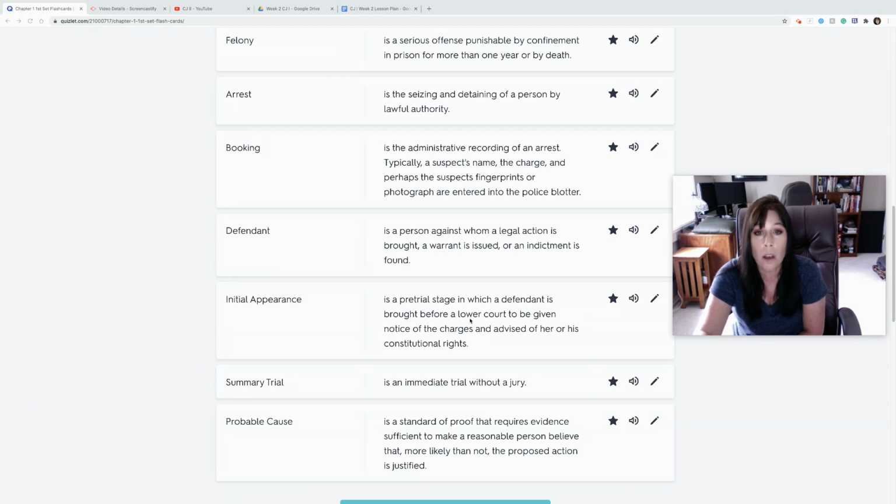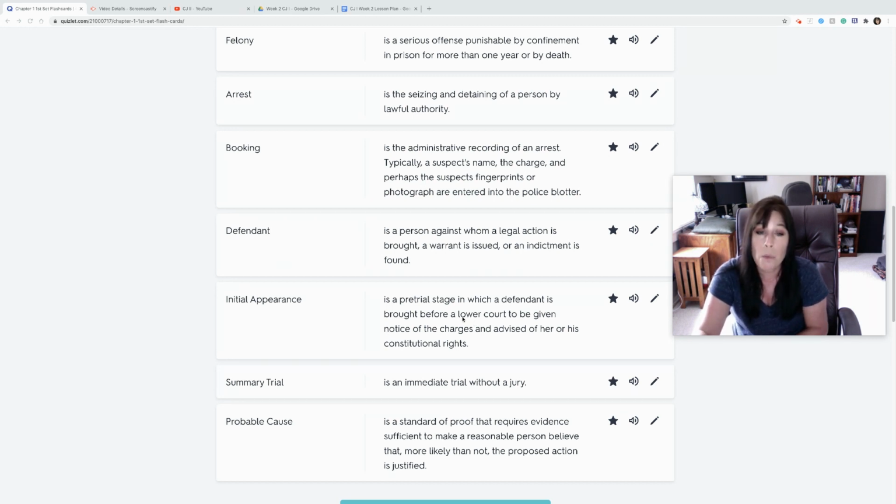The reason it talks about the lower court, and we haven't discussed this yet, but misdemeanors are heard and handled in lower local courts. So city court, town court, village court. Felonies are heard in a higher court. So county court is a higher court.